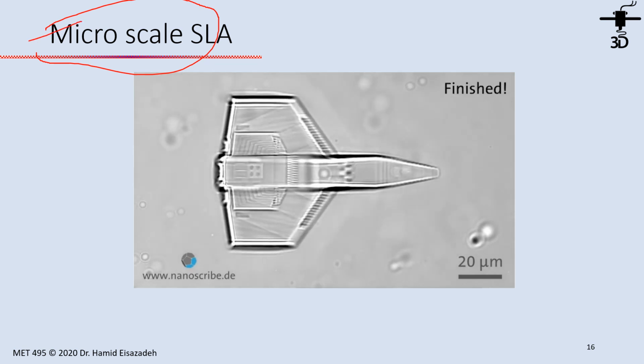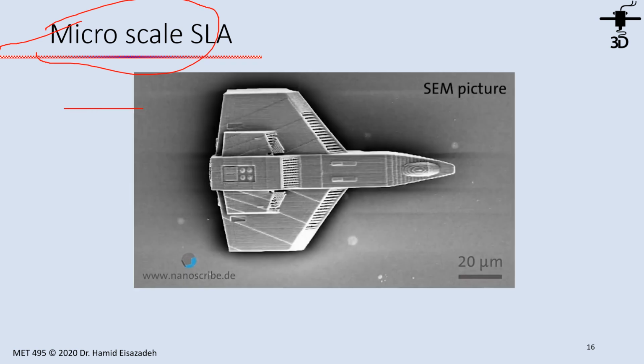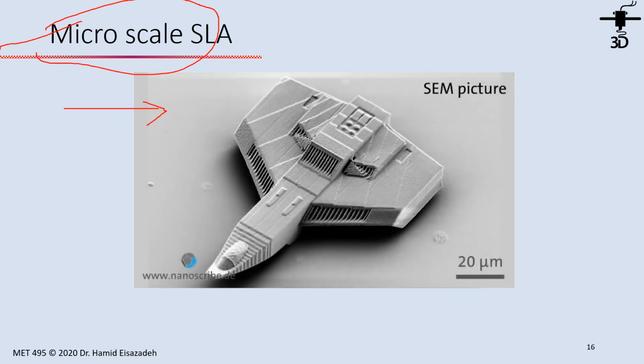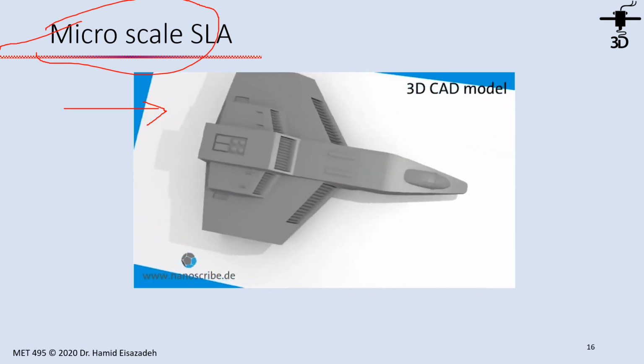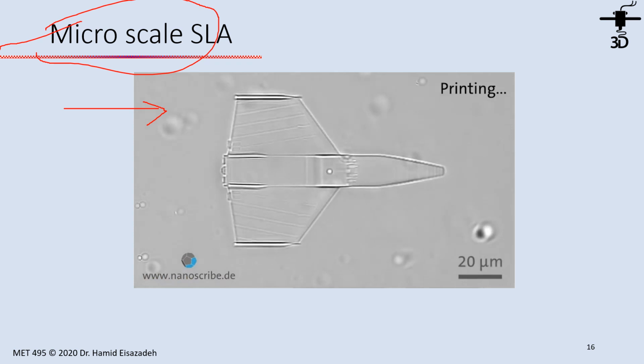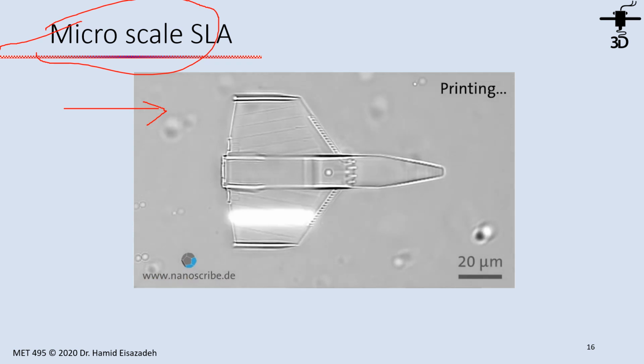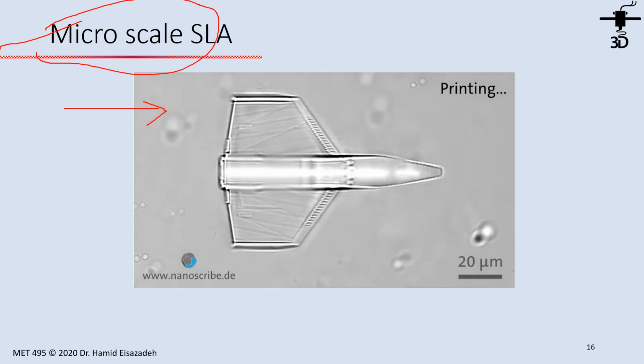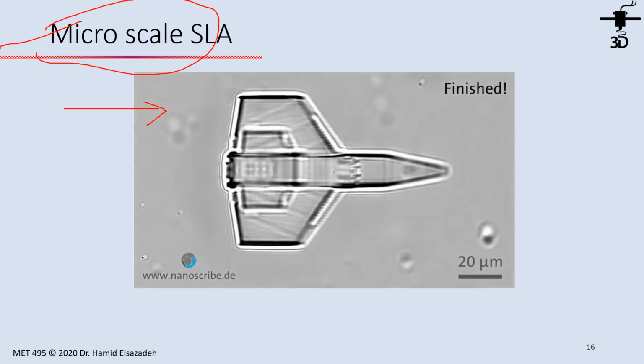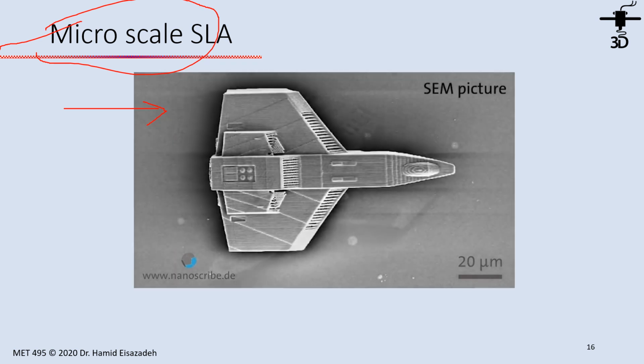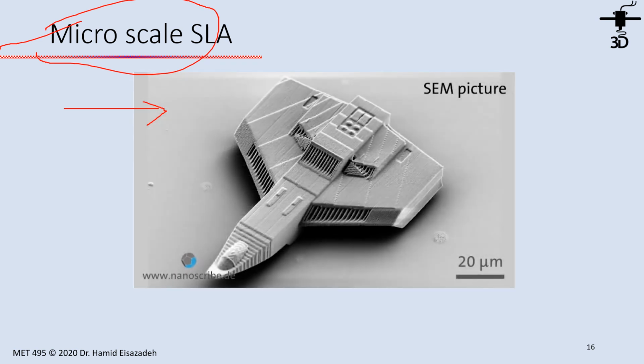Here is one part that is very small, at micro scale, and this process is called two photon polymerization. And we still have the same physical principle.